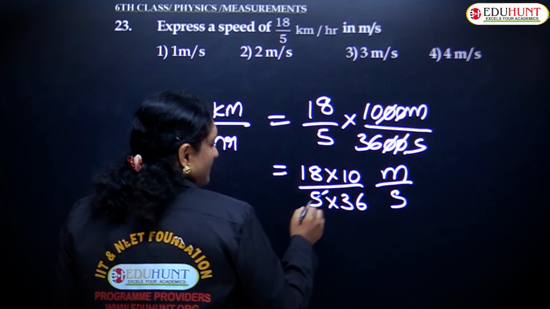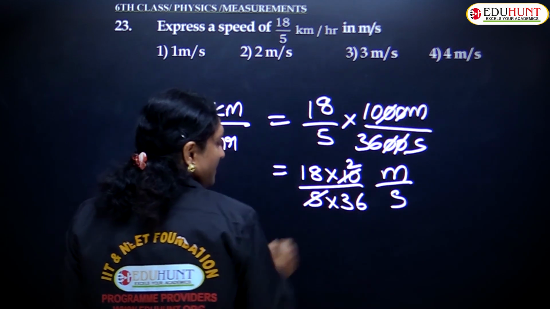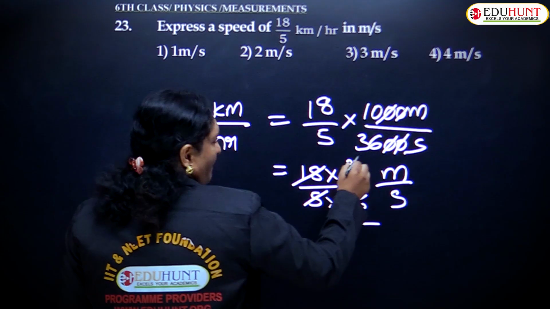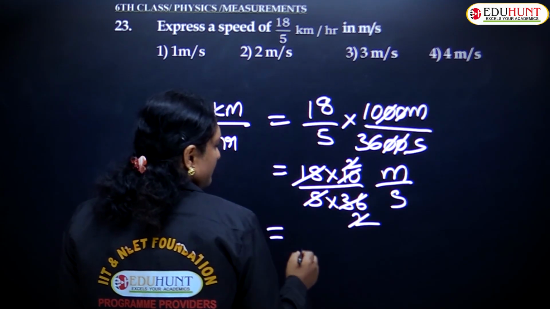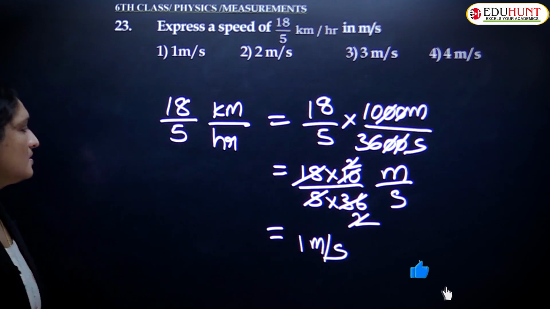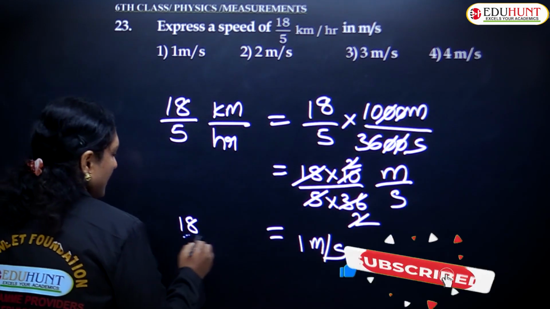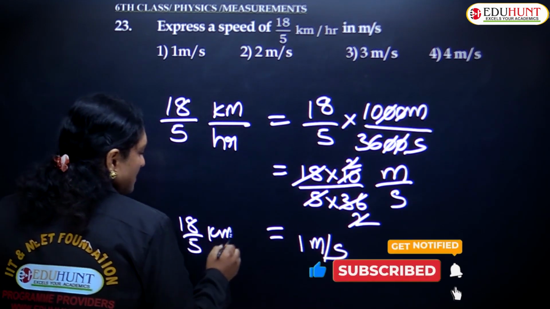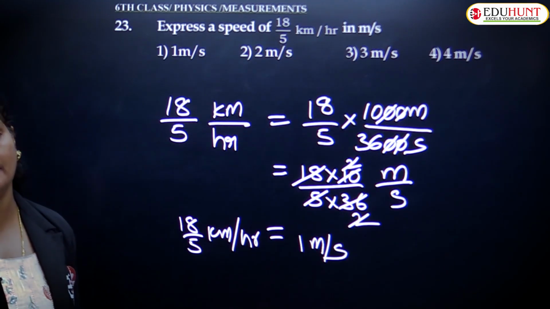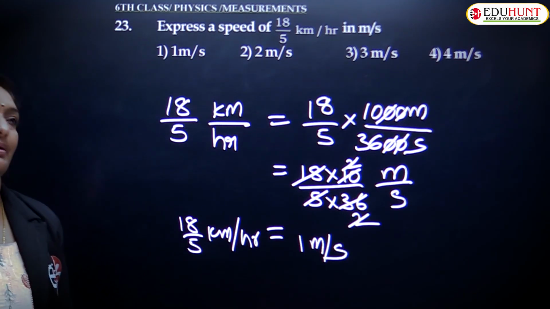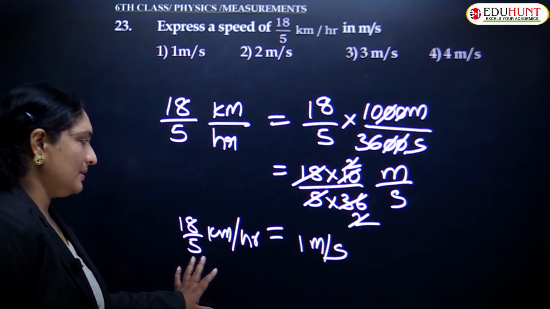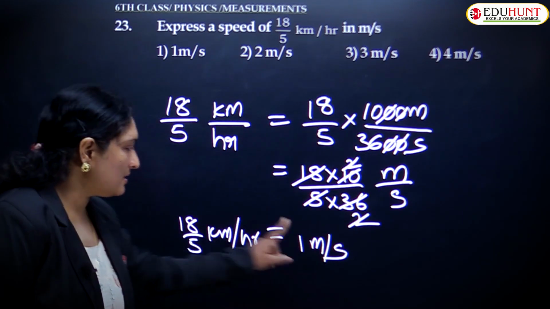Again, let us simplify. 5 twos are 10, 18 twos are 36. Upper and lower cancel. So how much is left over? 1. So 18 by 5 kilometer per hour is equal to 1 meter per second. Always remember, 1 meter per second equals 18 by 5 kilometer per hour.